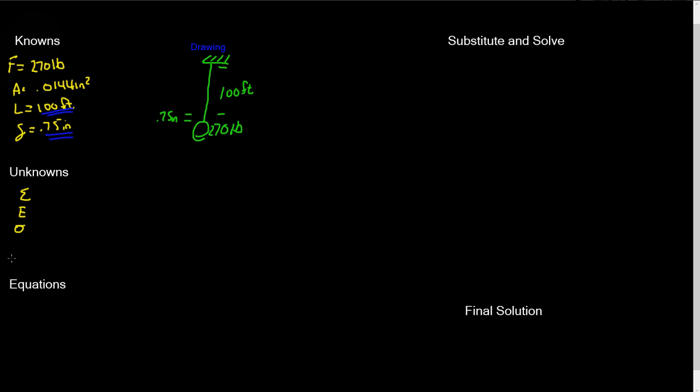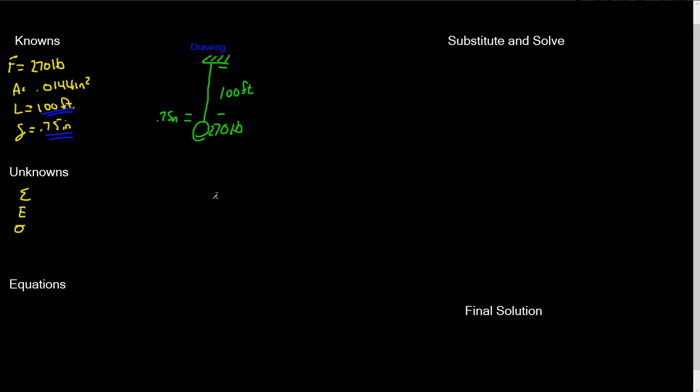So what kind of equations do we need to solve this, or what do we know? Well, we know a few equations from our formula sheet. So let me pull this over here. The first formula that I see is the formula for epsilon. That's nothing more than my stretch, my delta, divided by my original length. Now notice that's dimensionless, so they need to be in the same units. That's what I was talking about.